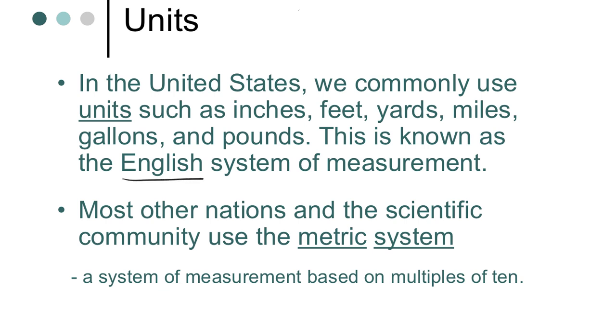I call it the American system because England doesn't use it anymore. So the U.S. system of measurement is like with inches, feet, yards, miles, gallons, pounds. Scientists in the United States, engineers, and other nations use the metric system.